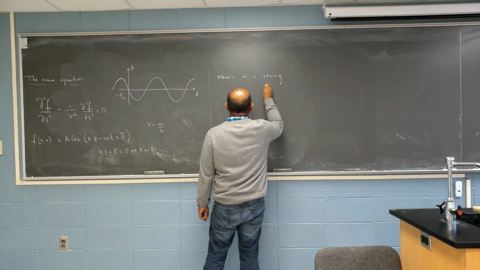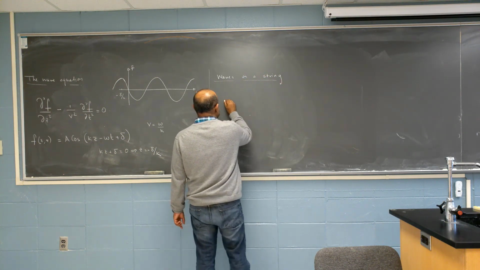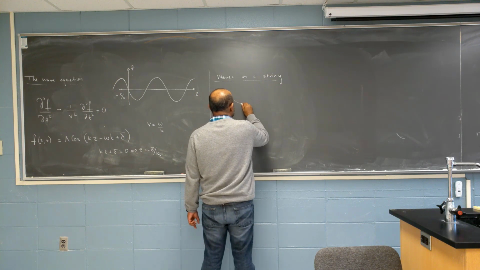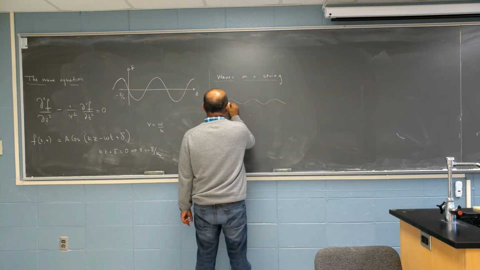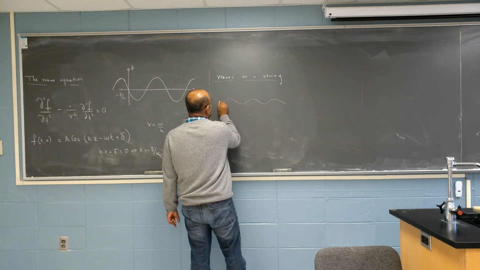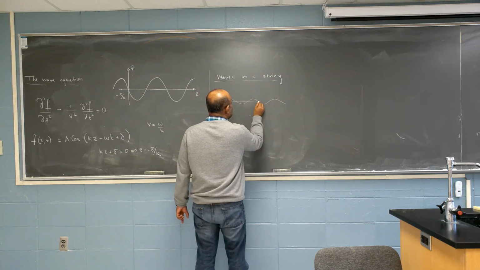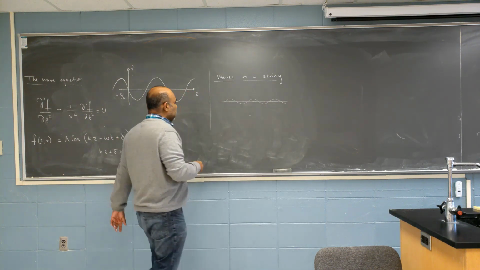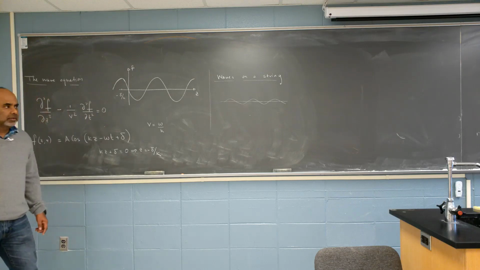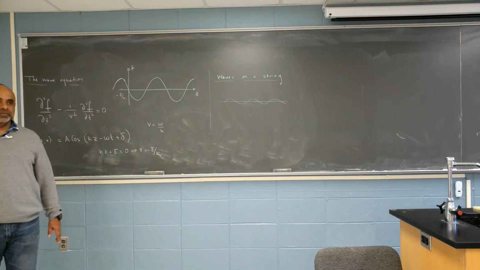So you have a string that is allowed to wiggle. And the reason I'm doing it this way is we're only going to consider the case where it is a pure wave equation. Otherwise, complications can occur. A string is not like an electromagnetic wave. There's friction and all sorts of things, right?